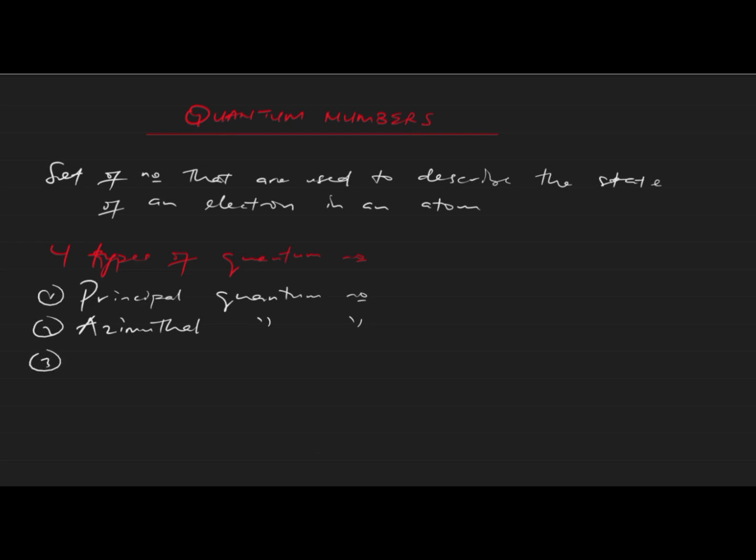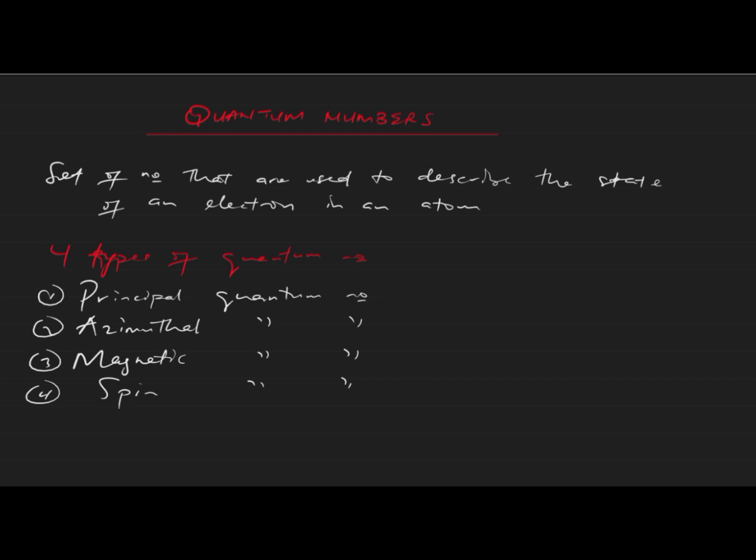The third is the magnetic quantum number. And the fourth is the spin quantum number. So these four types or sets of quantum numbers are what we use to describe the state of an electron in an atom.